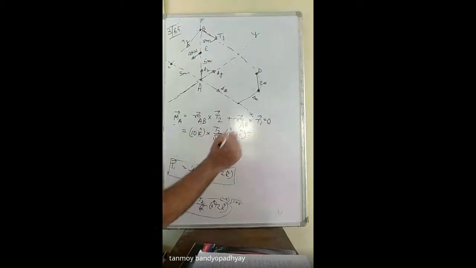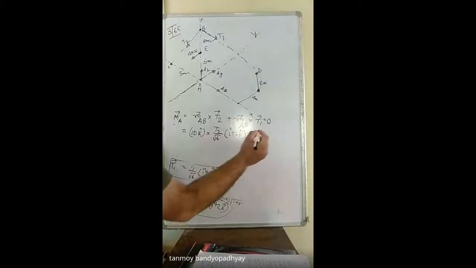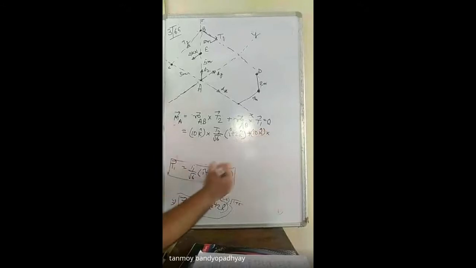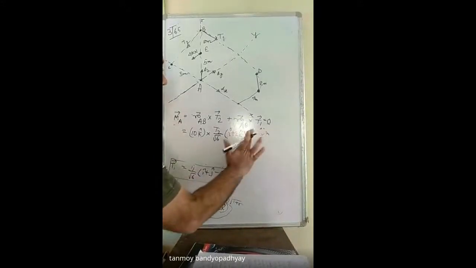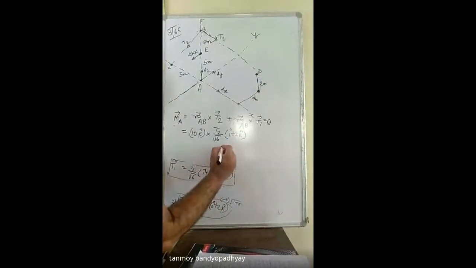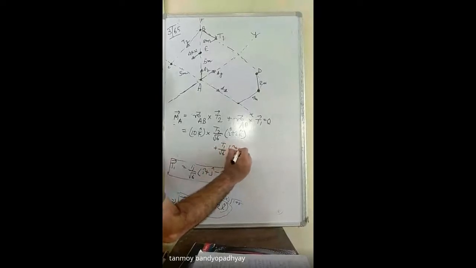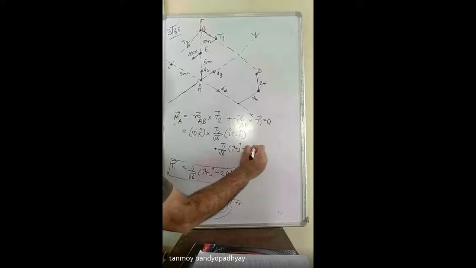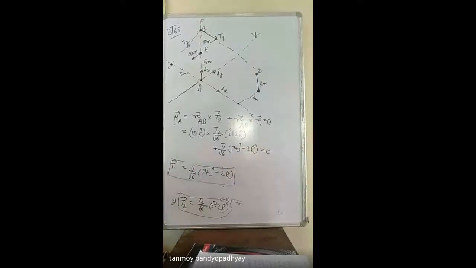So what is RAB? Again it's 10 k cap cross T1, so let me write T1 below, so it is plus T1 by root 6 i cap plus j cap minus 2 k cap, that is equal to 0.